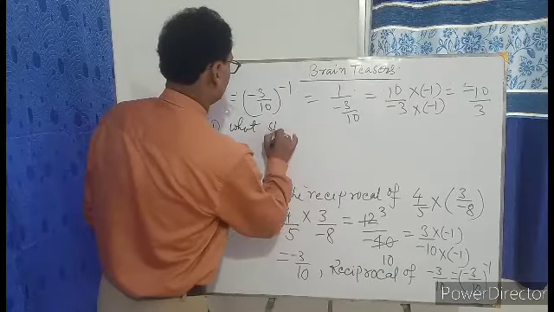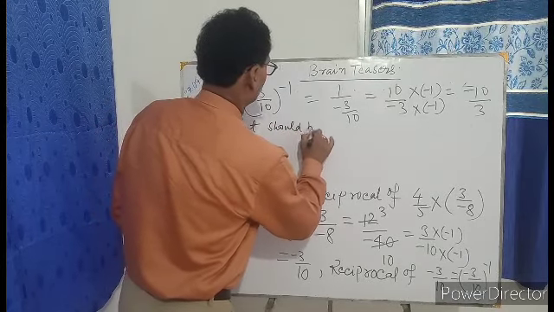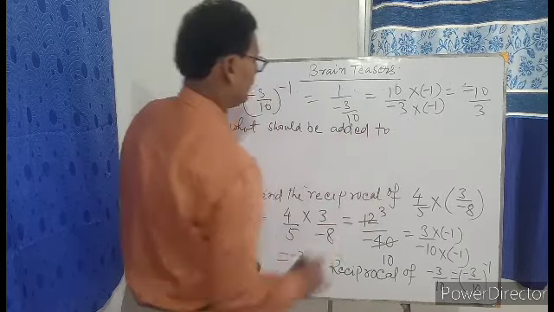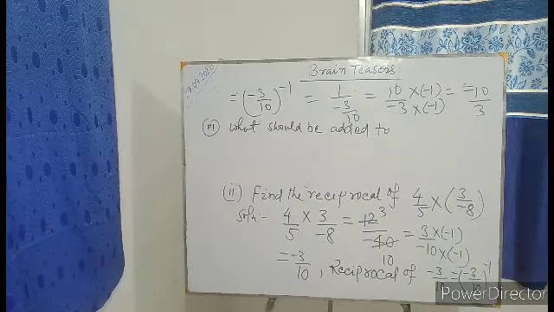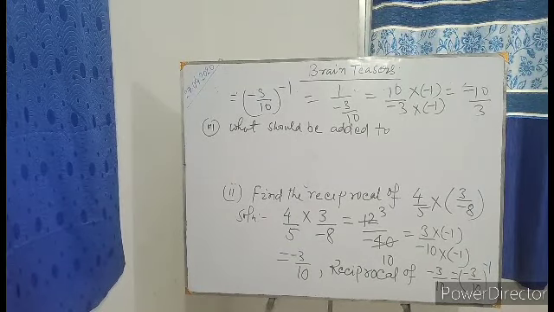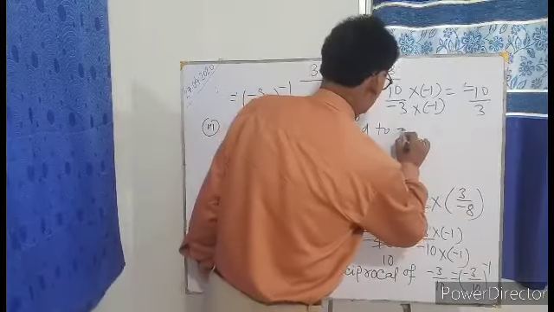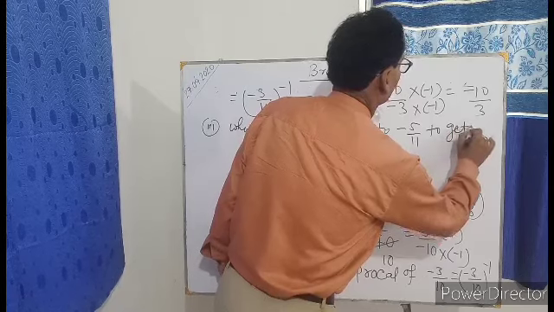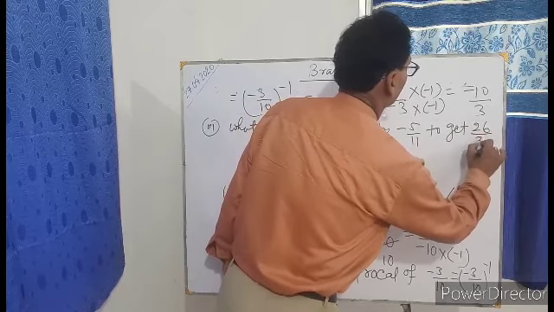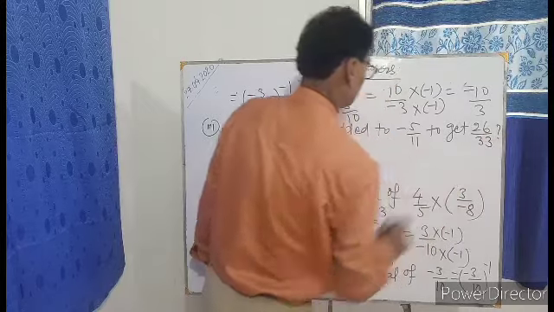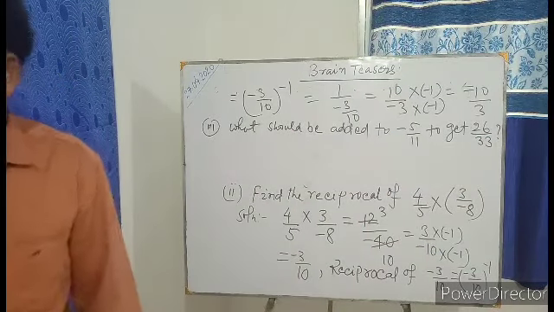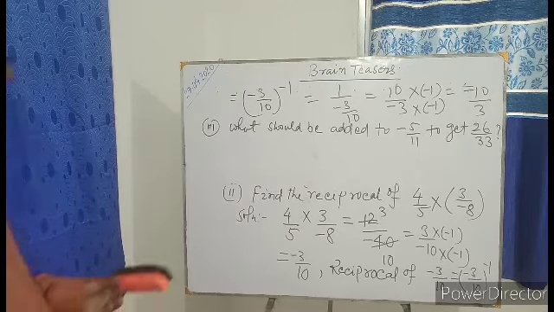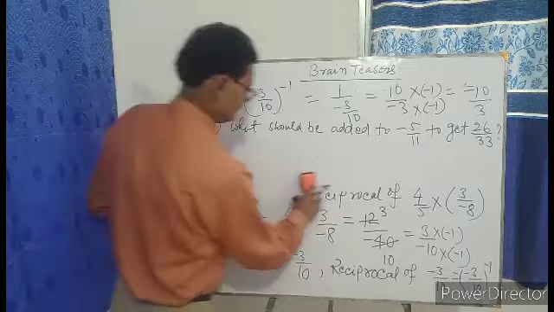What should be added to minus 5 by 11 to get 26 by 33?